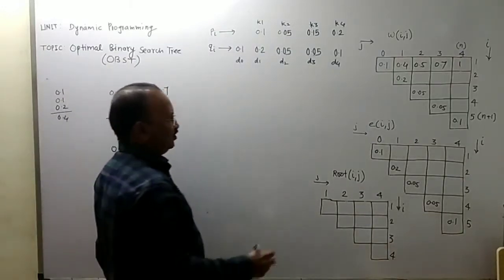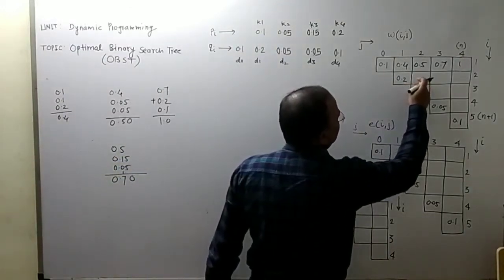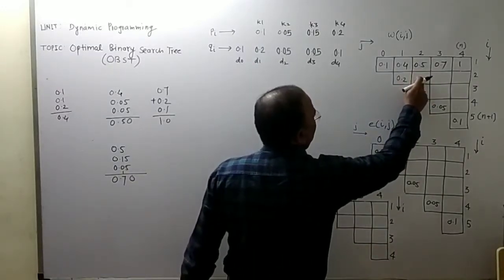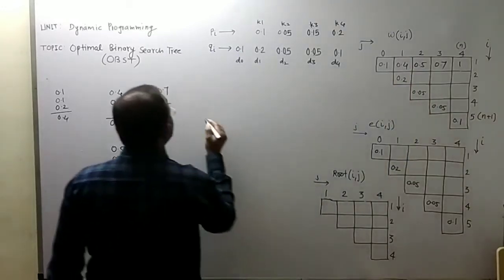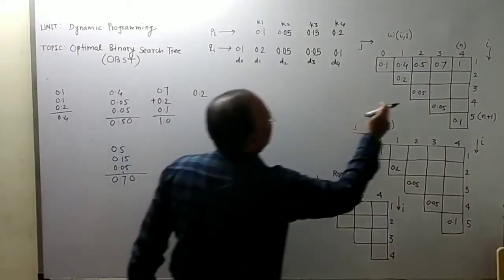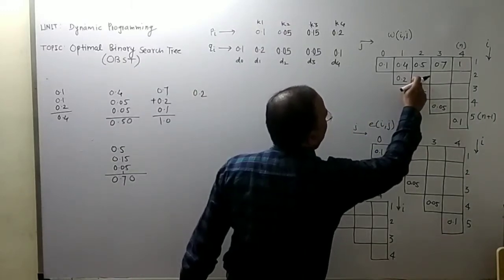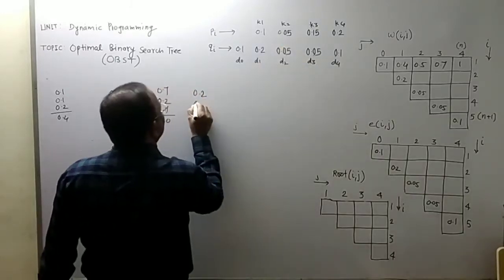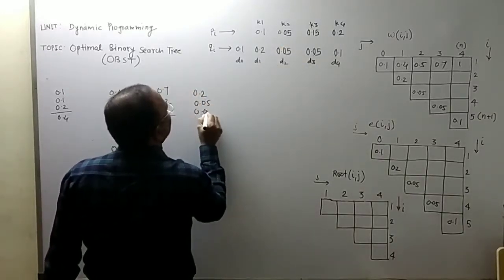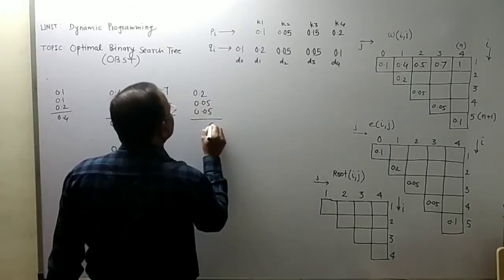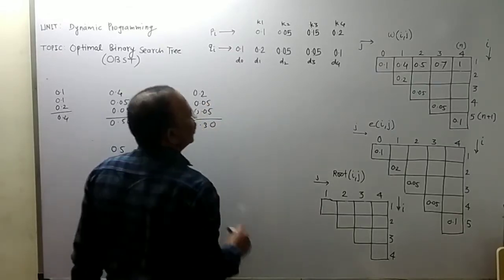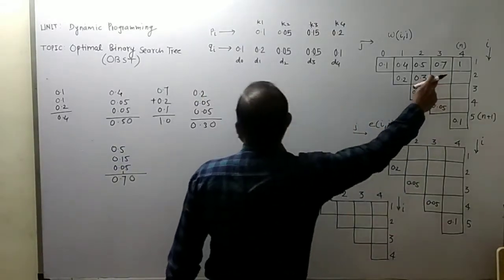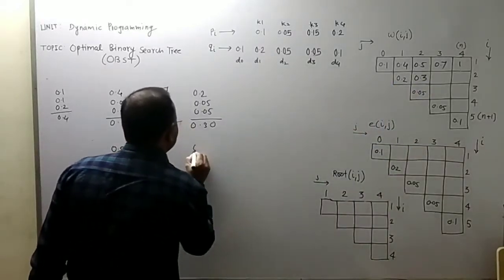Now after that, try to get the values for the second row. This one. Now refer to the previous value, that is 0.2, and take the sum of the probabilities of K2 and D2, that is these values, 0.05, 0.05. Take the sum of this, it comes to 0.3. For this one, consider the previous value, that is 0.3.